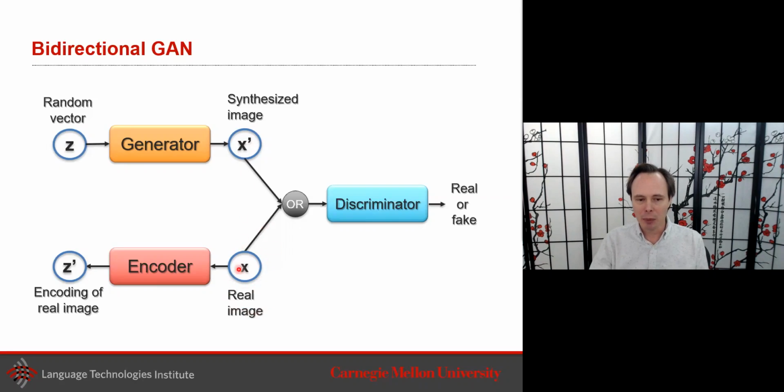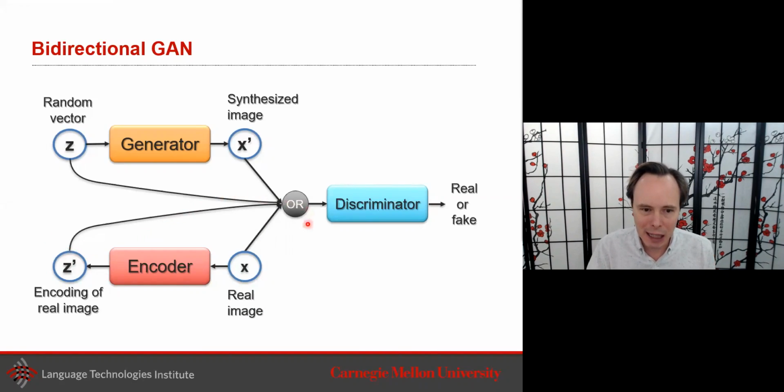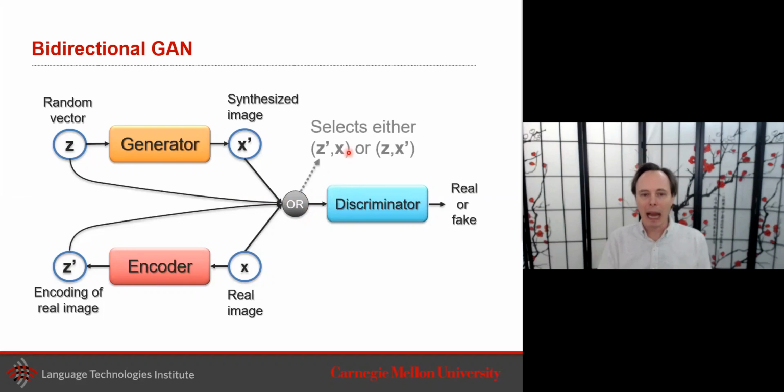And here you will take some real images and encode them. What is interesting is that the discriminator will have a double task: find out whether it is a real image with a synthesized encoding, a synthesized encoding of a real image, or a synthesized image with a real random vector.